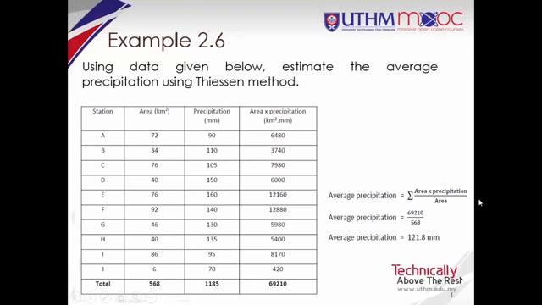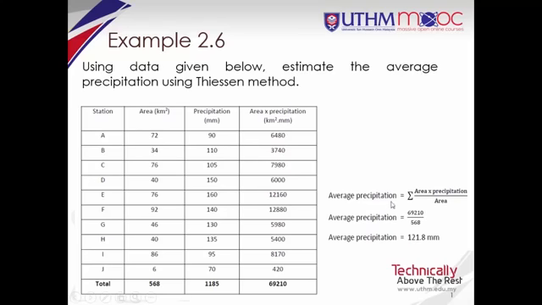Example 2.6. Using the data given below, estimate the average precipitation using the Thiessen method. All the information is given in this table: the stations from A to J, the areas, and the precipitation values. Using the Thiessen method, first we have to multiply the area with the precipitation for each station.